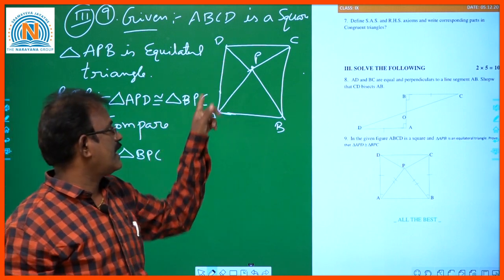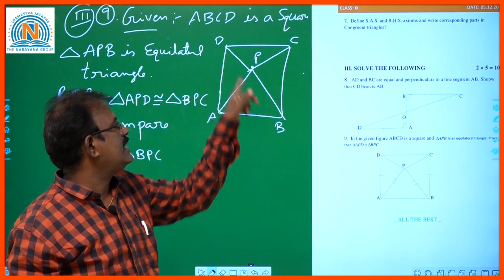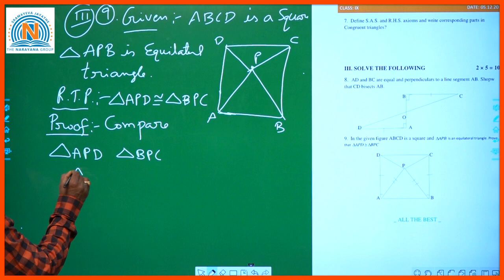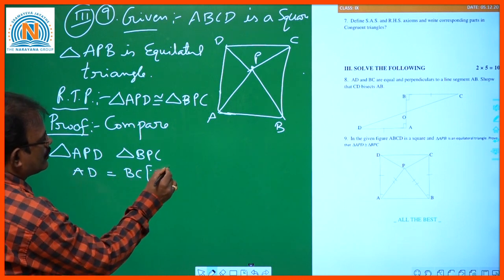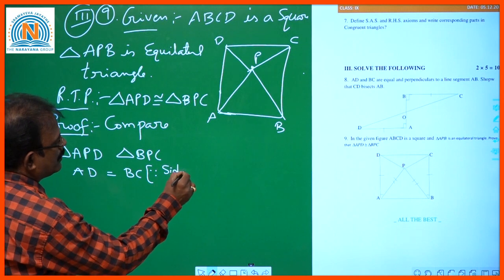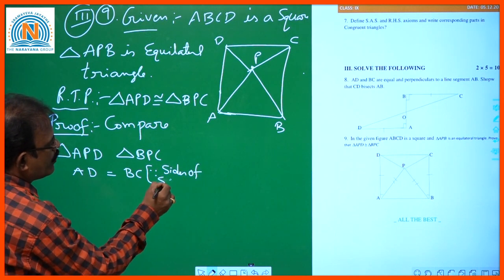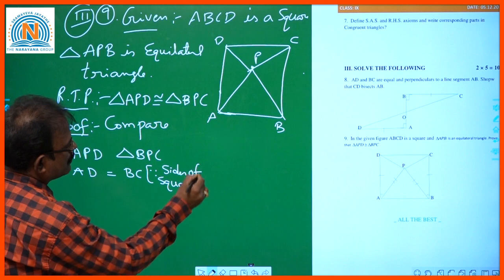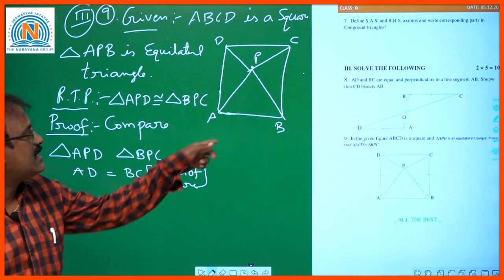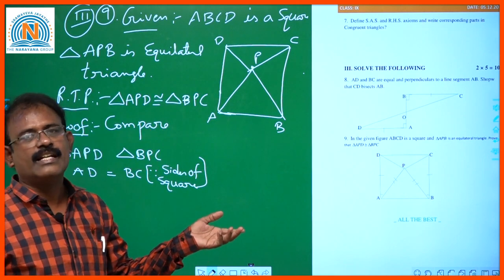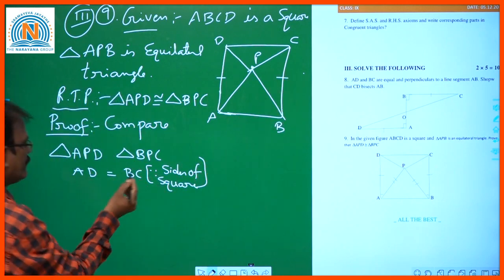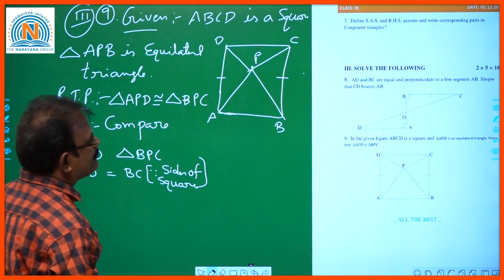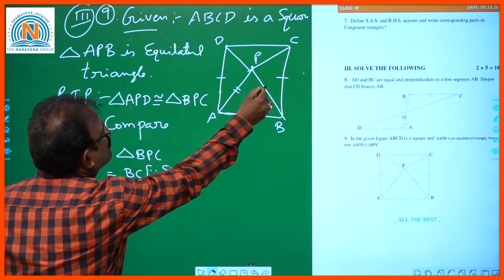In triangle APD and triangle BPC, AD is equal to BC. Why? Because sides of square. You know that ABCD is a square. All sides are equal in a square. We know that. Therefore, AD is equal to BC. Next, AP is equal to BP.